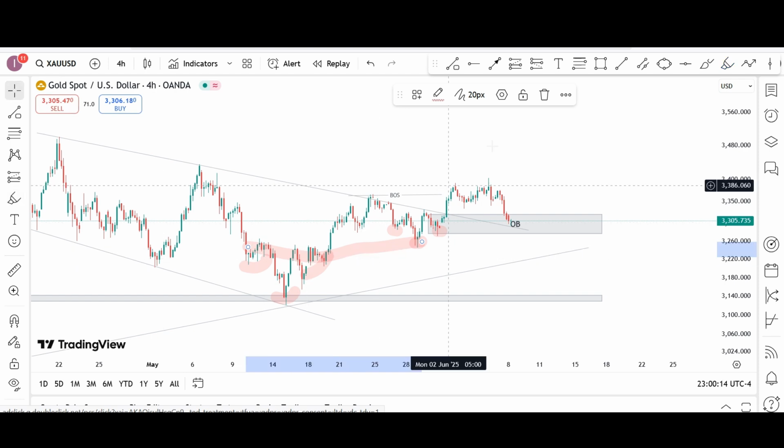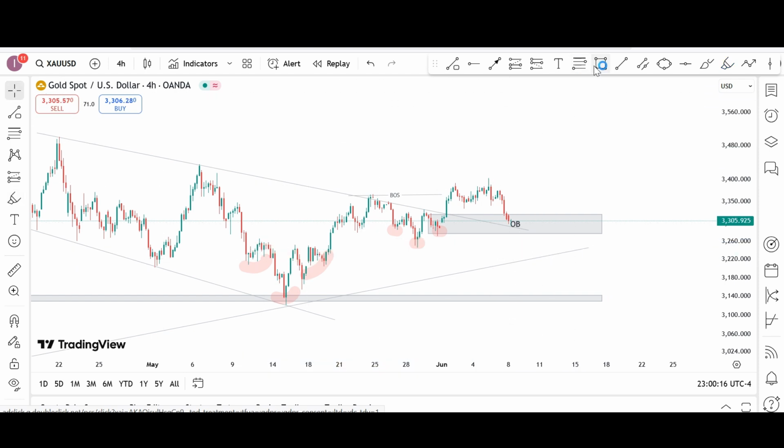So I'm going to take all these things out. That's exactly what I want you guys to see there. And one other thing I want you guys to quickly see on this area is that price always repeats itself. It might come in a different structure, but it always repeats itself.